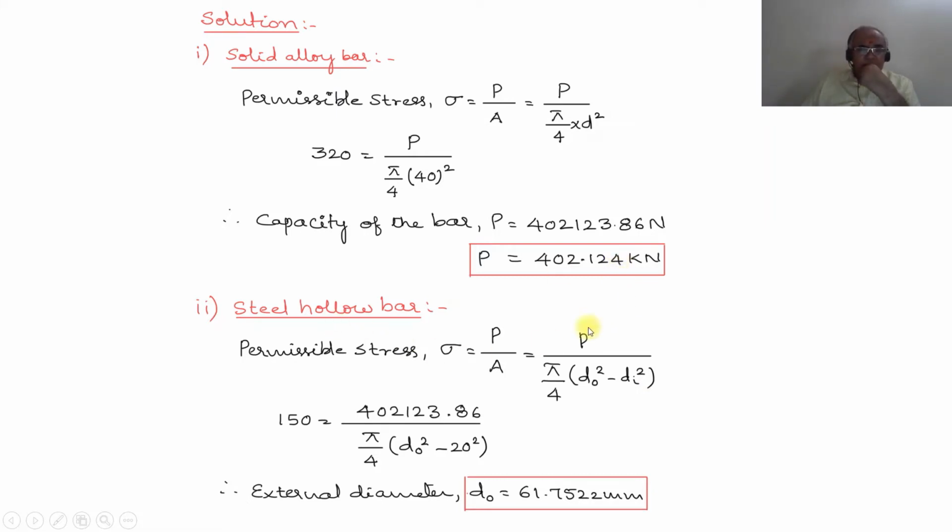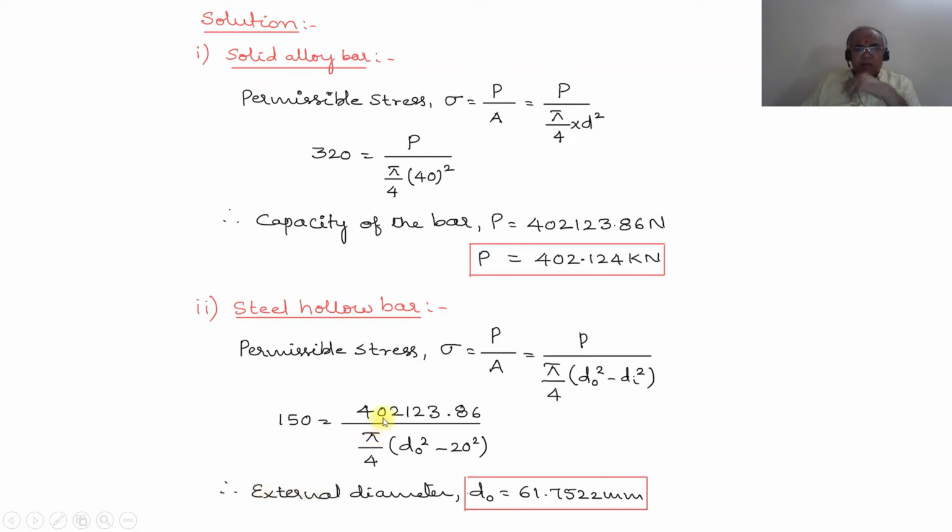The area of cross section of the hollow bar is given by pi by 4 into d naught square minus di square.